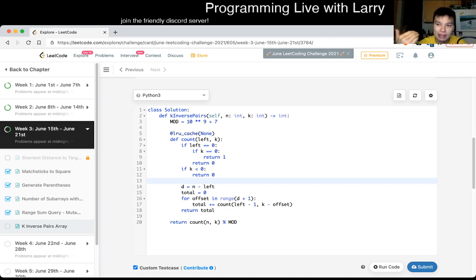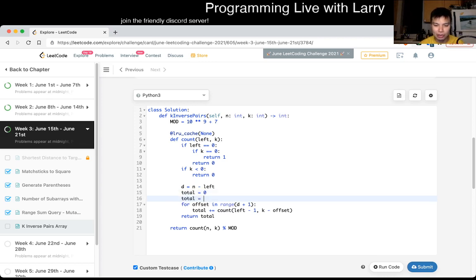Where I'm going with it is that now that I've written it out, I see where I'm going, right? Let's say this thing is what we said before. This is just total equal to, and this is a comment so that I won't forget, left minus 1, k minus 0 plus dot dot dot, right?